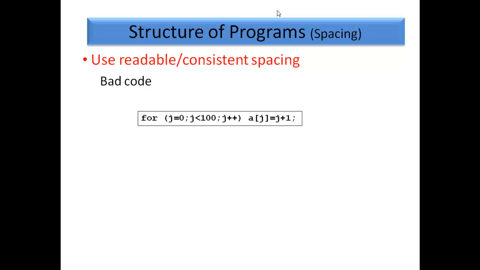First important thing is to use readable, consistent spacing. See, here in this code we have placed the instruction on the same line as the for loop. Logically this is correct and this will work properly.